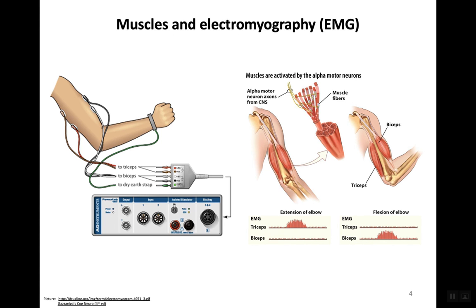To take an example, whenever we bend our arm, this is achieved by contracting the biceps and by relaxing the triceps. And conversely, whenever we want to extend our arm, this is achieved by contracting the triceps muscle and by relaxing the biceps.